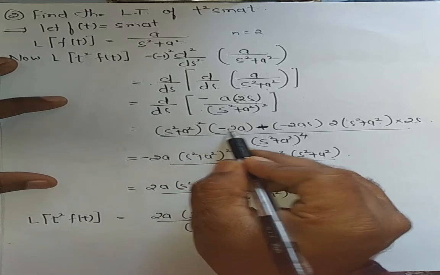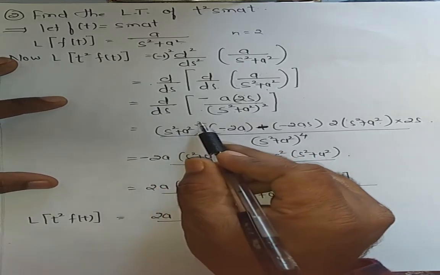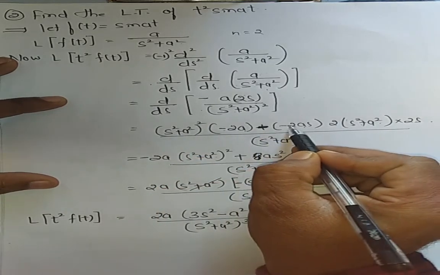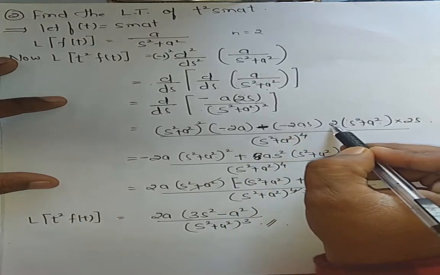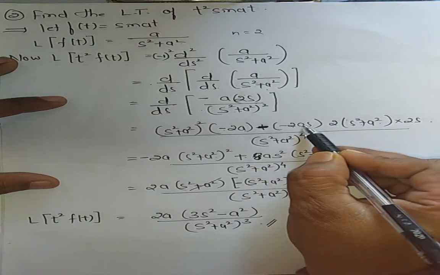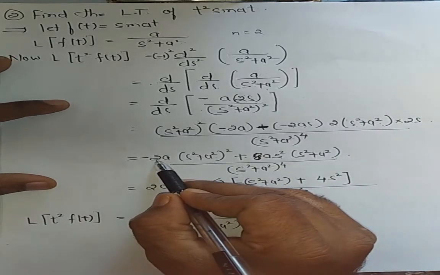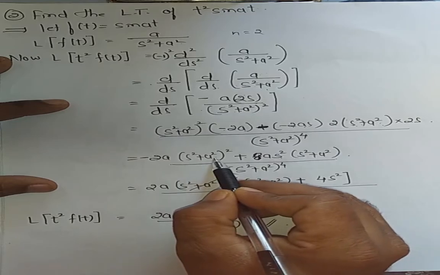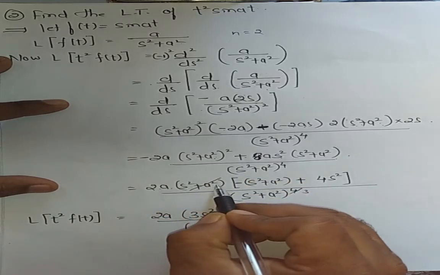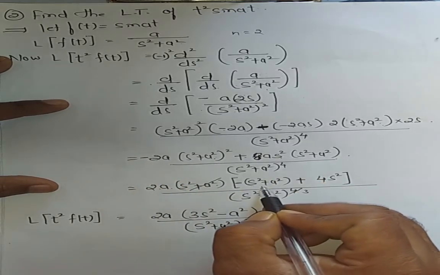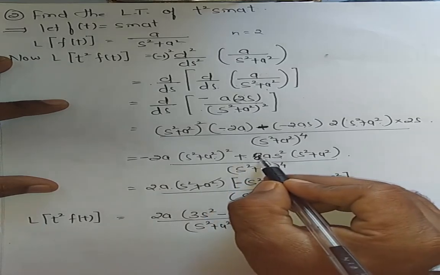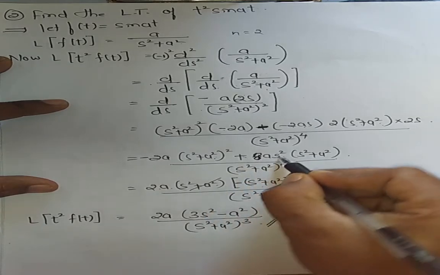Now see here, minus 2a (s² + a²)², minus into minus plus. So 2 2s are 4, 4 2s are 8, 8a s into s², this term as it is. Now take (s² + a²) common, minus one term remains here and plus 4 times s² remains here.